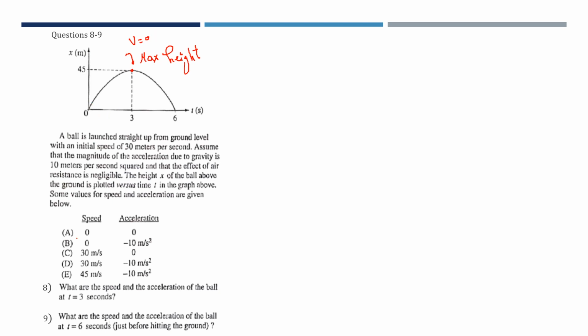So for question 8, we have zero velocity and acceleration 10 meters per second squared with a negative sign because the ball is being launched straight up against gravity. So we have a gravitational acceleration of negative 10 meters per second squared. So now we have B as the correct answer.